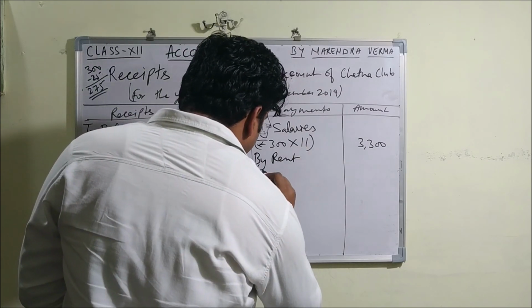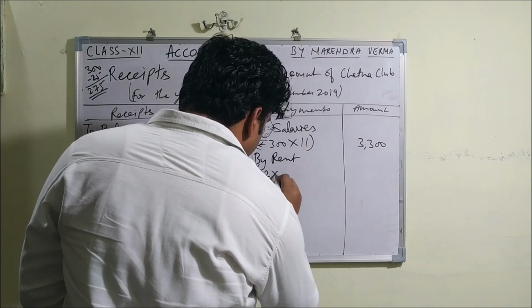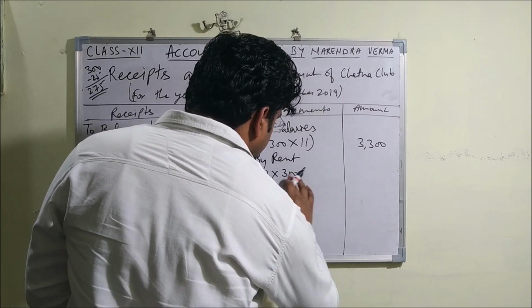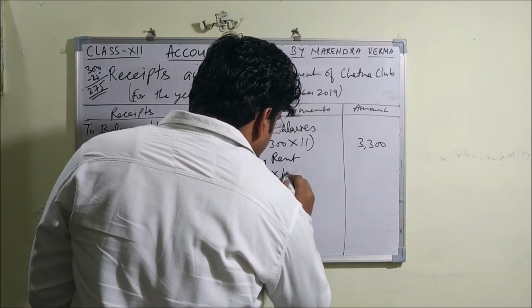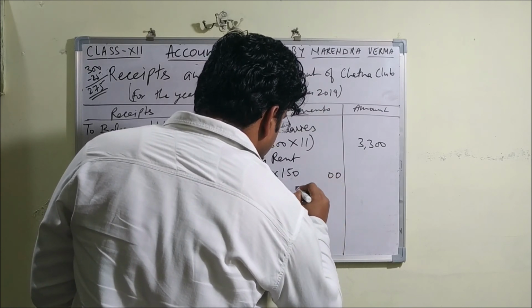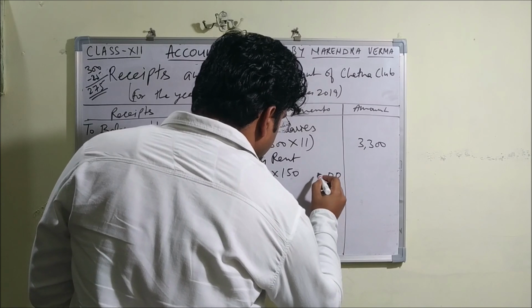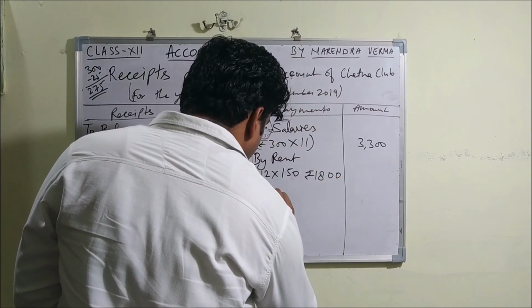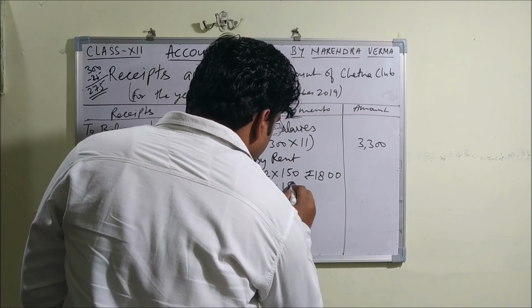So we can say 12 months are related to this year, and 3 months related to next year.